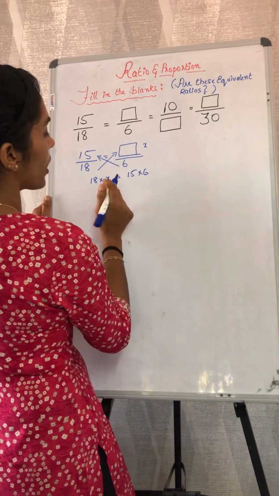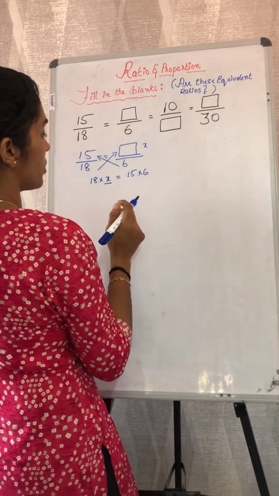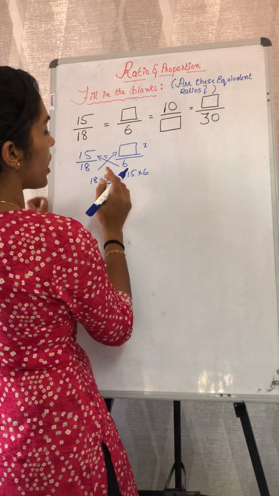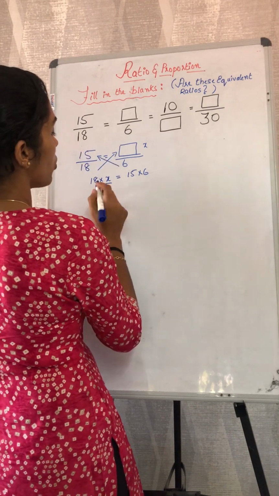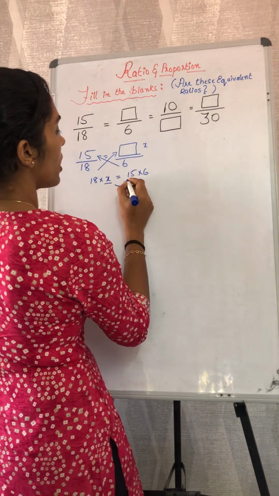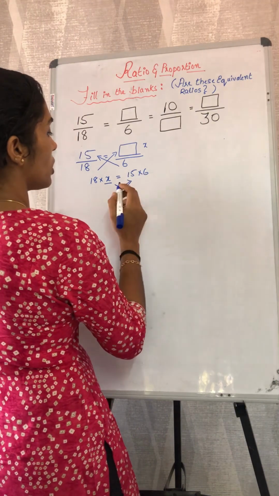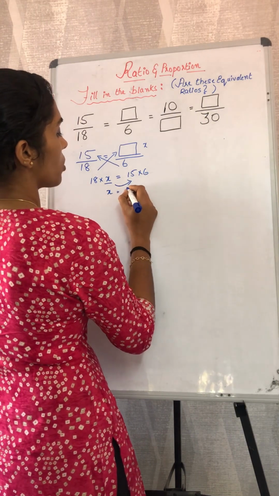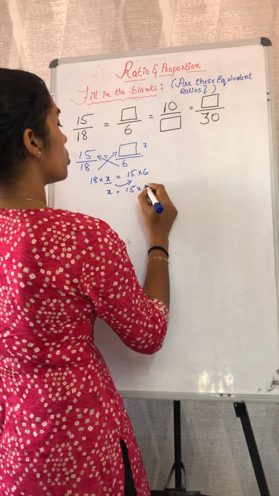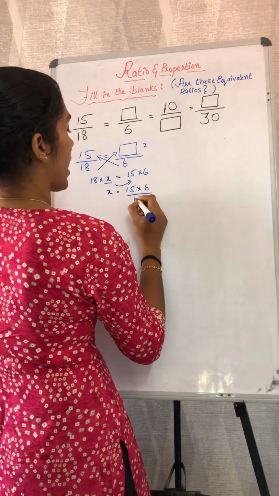So you are getting the x on your left side. Now to get this x as a single one, you have to take this 18 to the denominator of 15 into 6. So x is equal to 15 into 6 by 18.